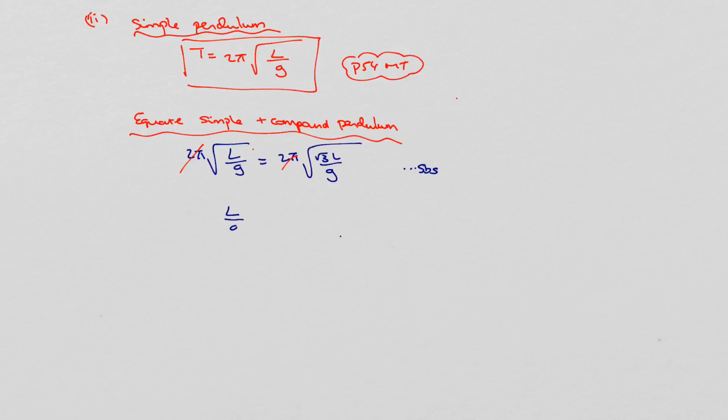So I have capital L over g is equal to root 3 l over g. Then the g's are gone, and that leaves me with the simple pendulum's length must be equal to root 3 times the length of the compound pendulum to have the same period. So again, 5 marks for equating and 5 for getting our answers.